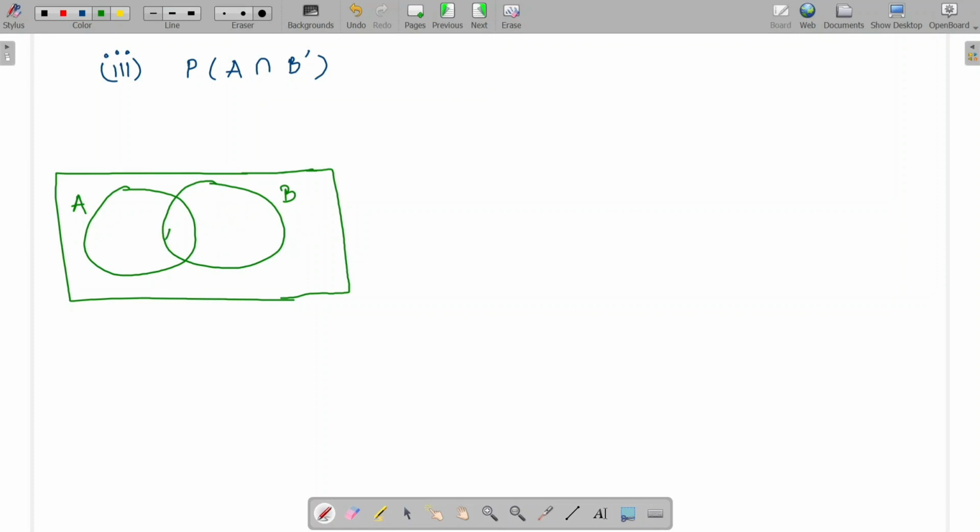This is A intersection B. Now first of all, A if we mark here, so A will be this whole set A. And if we look at B complement, then it is the region which is outside B, so that means this.